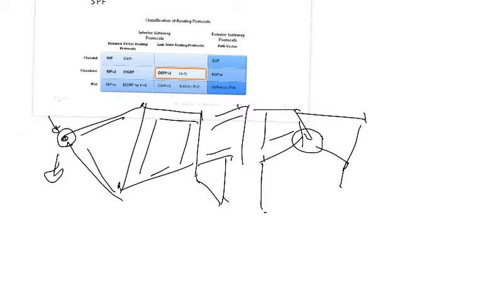Bellman-Ford doesn't do that. Bellman-Ford will get the information only from this router and this router. Okay? And then it tries to see if any of these routers have the best route to the destination.